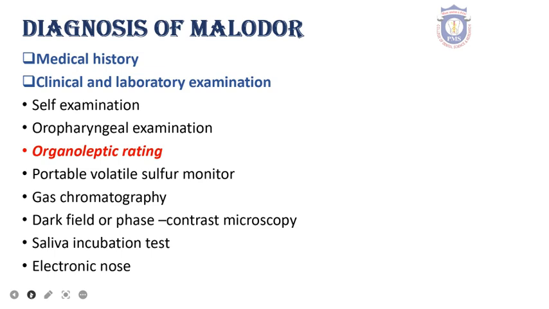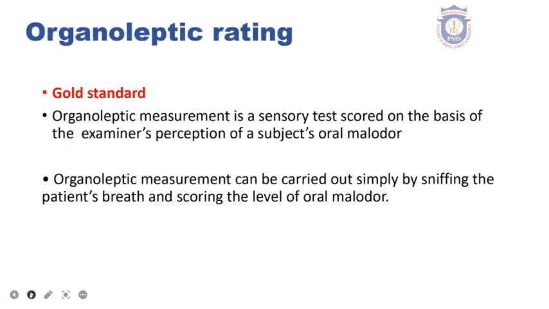This is followed by a clinical and laboratory examination, which includes self-examination by the patient, oropharyngeal examination, organoleptic rating, which is said to be the gold standard technique, and then the use of instruments like portable volatile sulfur monitor, gas chromatography, dark field or phase contrast microscopy, saliva incubation test, electronic nose, etc.